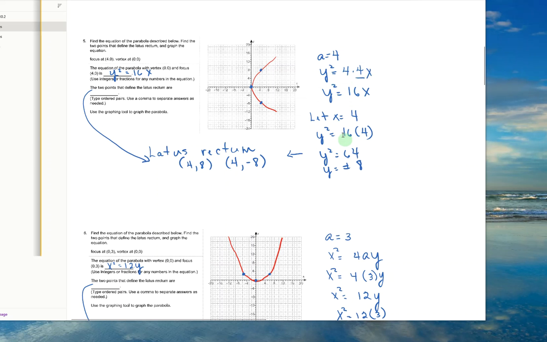And then if you let x equal 4, remember that's the focus, you have y squared equals 16 times 4, y squared is 64, y is plus or minus 8. The two points that define the latus rectum are then (4, 8) and (4, -8). And you would graph that using those three points, the vertex at (0, 0) and those two points.